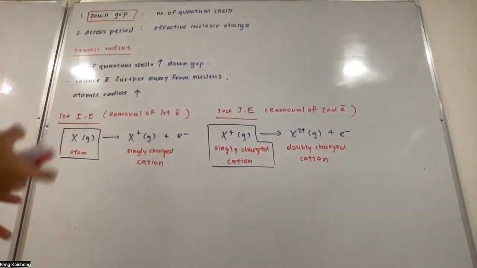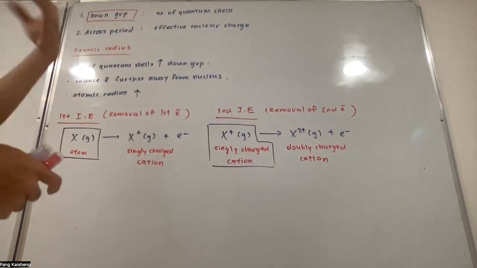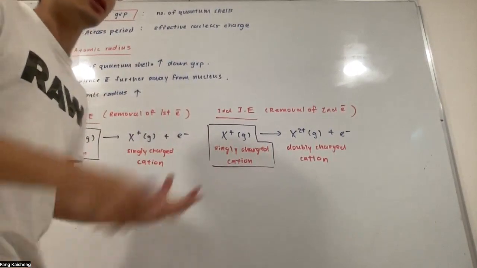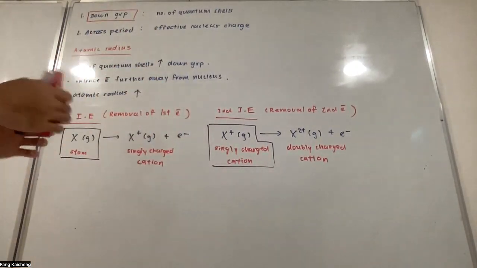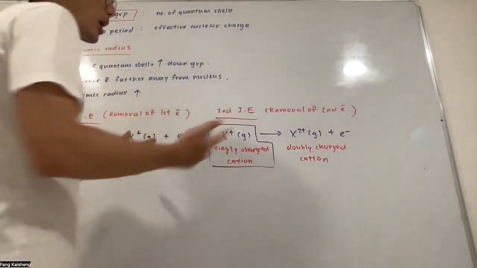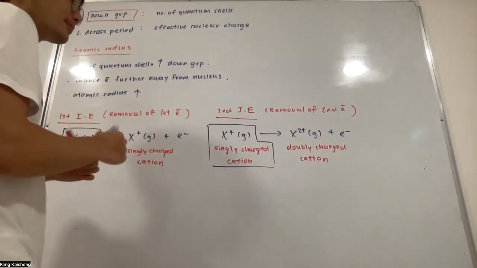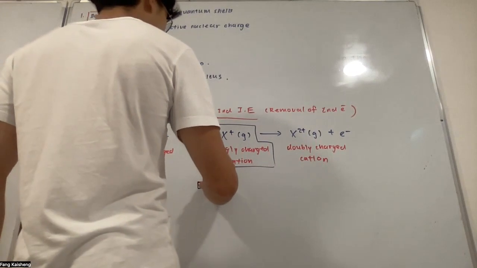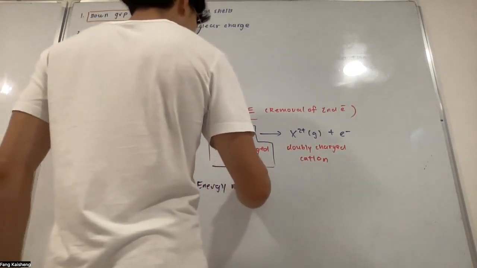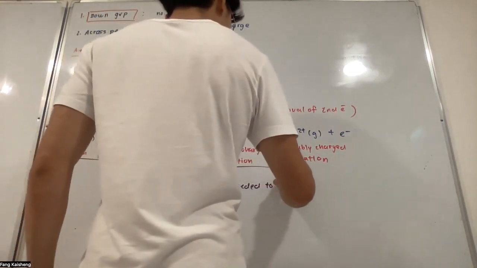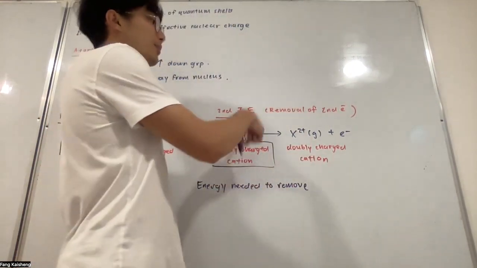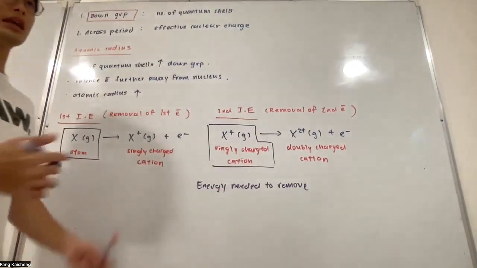The main idea is that when you remove the second electron, the definition is pretty much the same. You can write down the definition in your notes also. So how do we come up with the definition? It is the energy required to remove 1 mole of electrons from 1 mole of singly charged gaseous cations to form 1 mole of doubly charged gaseous cations.